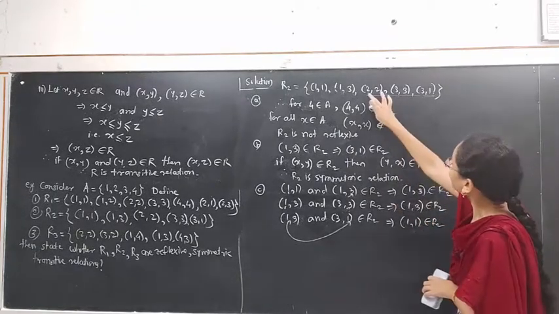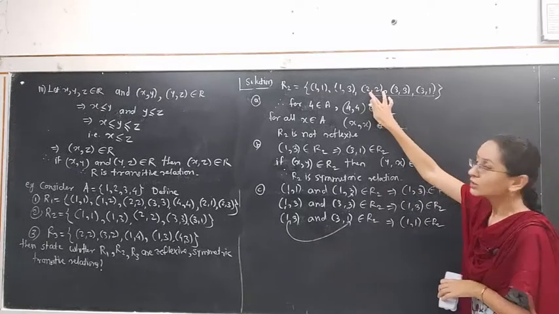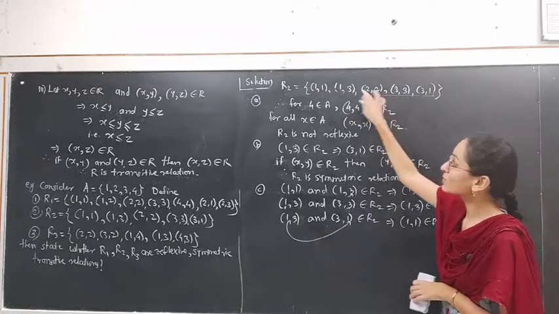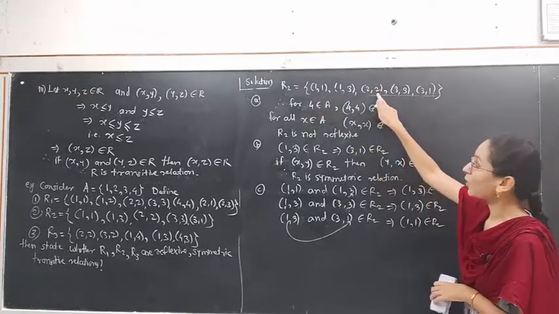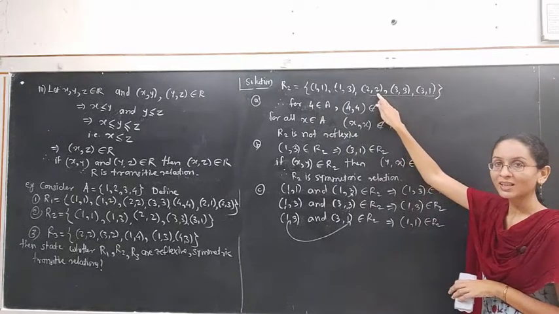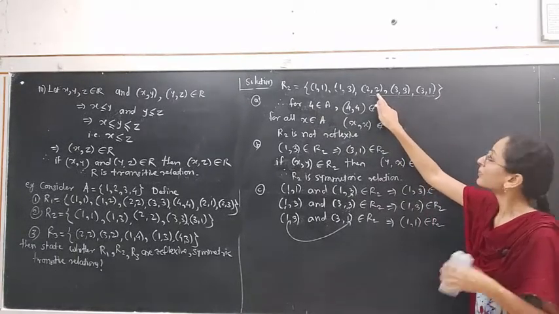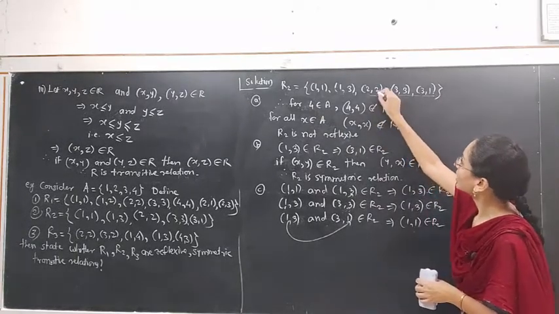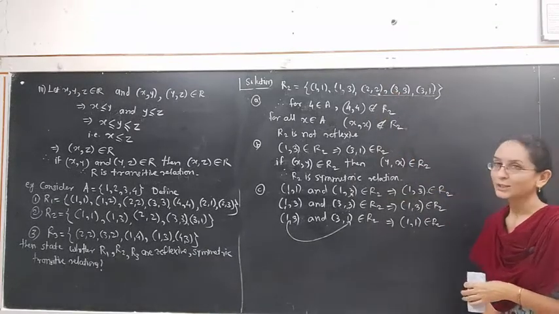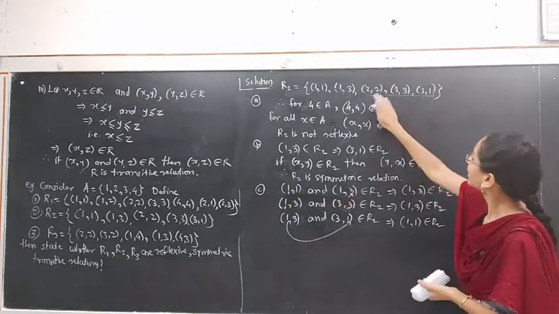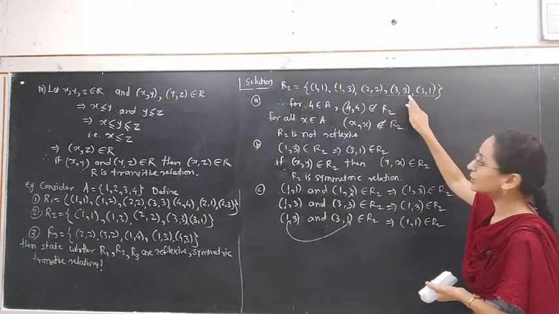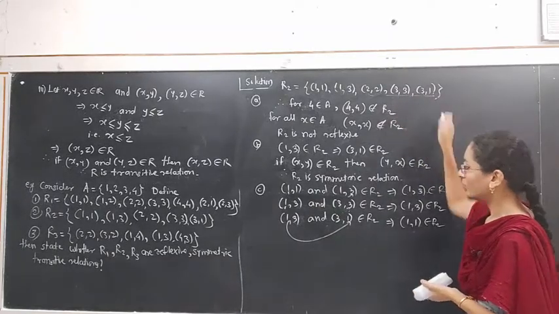We go to the next ordered pair (2, 2). The element (2, 2) belongs to set R2. Now see the other pairs in which 2 is related to a different element. This 2 is related to 2, but 2 is not related to other elements. If we consider this, 3 is related to 3 and 3 is related to 1.